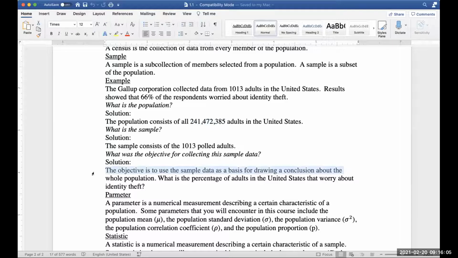So the objective is to use the sample data as a basis for drawing a conclusion about the whole population. What is the percentage of adults in the United States that worry about identity theft?